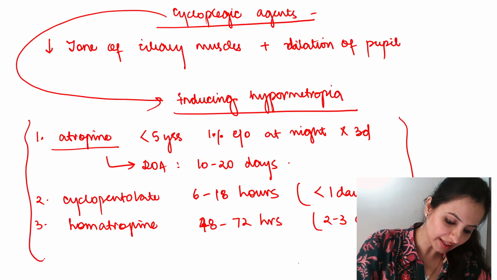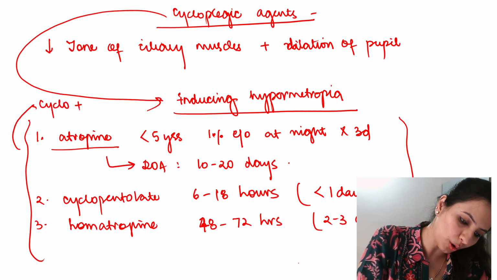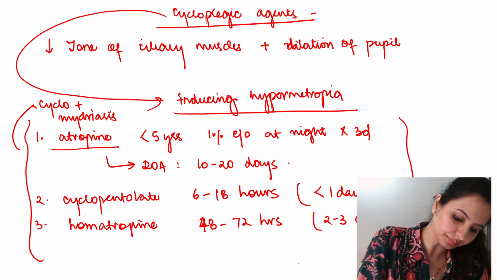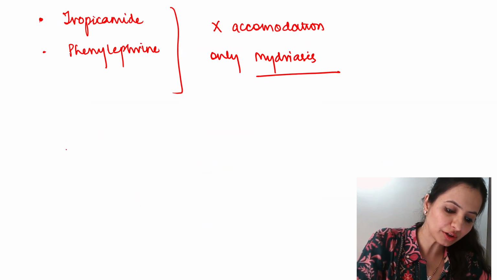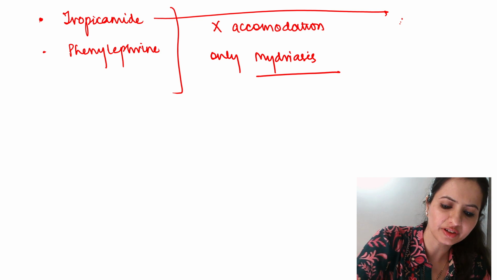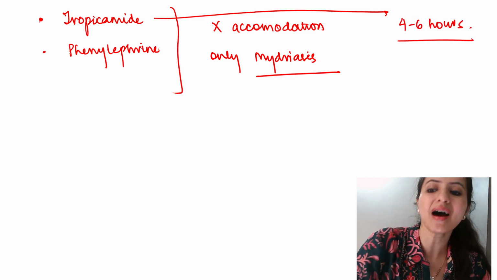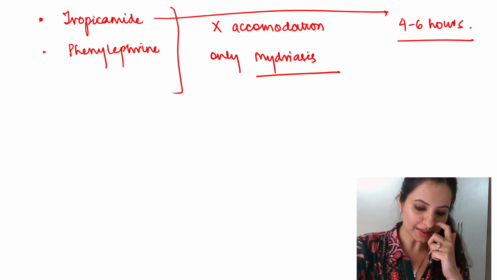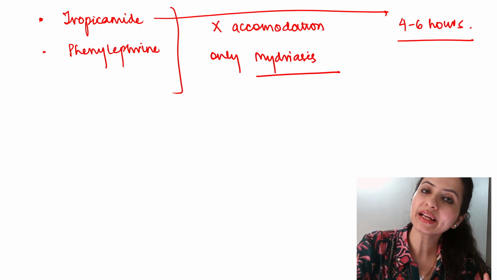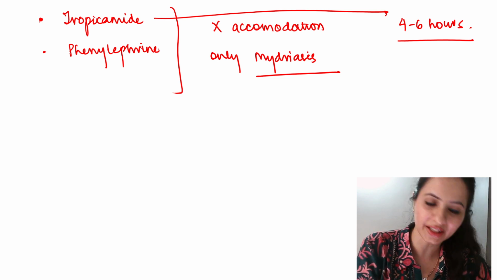However, these three drugs are causing both cycloplegia along with mydriasis. So if you look here, the effect of tropicamide and phenylephrine lasts just for 4 to 6 hours, not more than that.